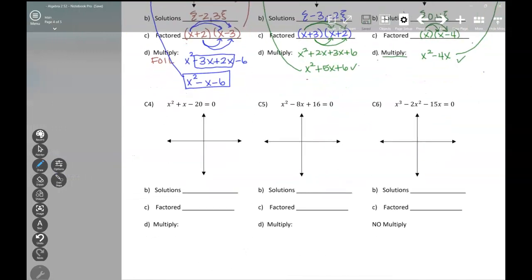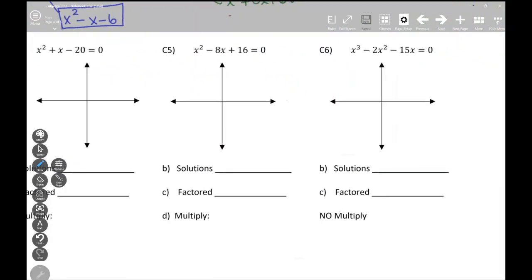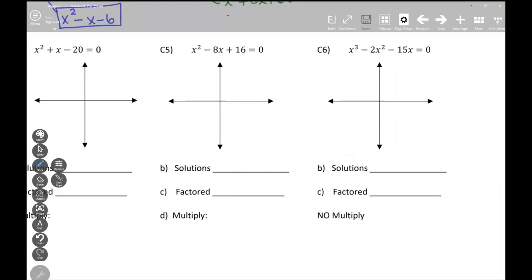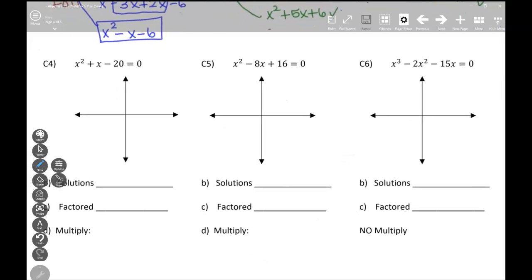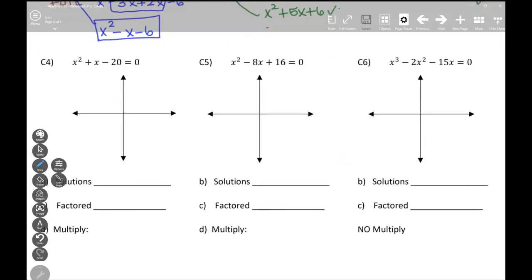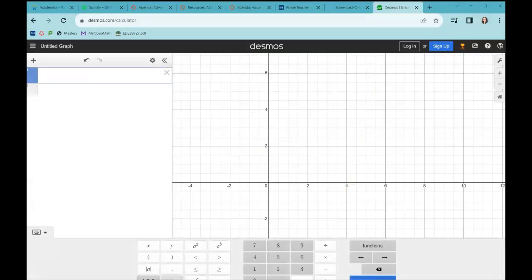I'm going to skip example 4, but I am going to do example 5 and 6. All right, looking at x squared minus 8x plus 16, let's go ahead and plug that into our graph here. So y equals x squared plus 8x plus 16, right?